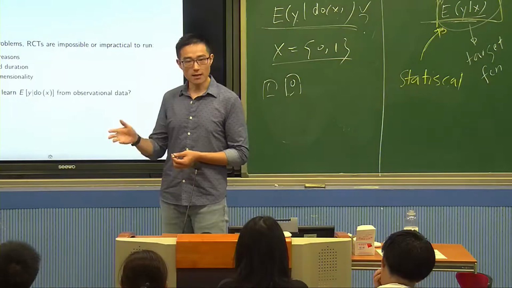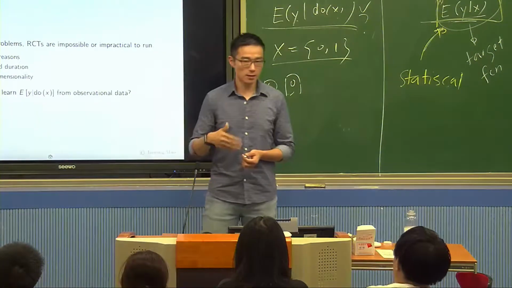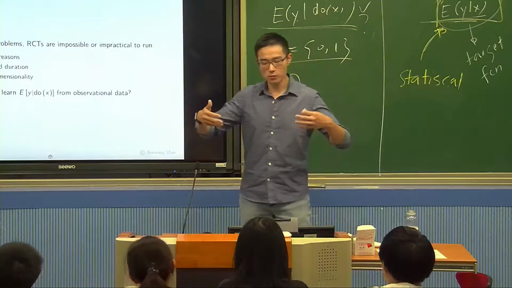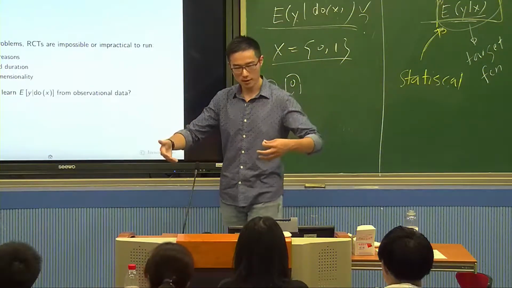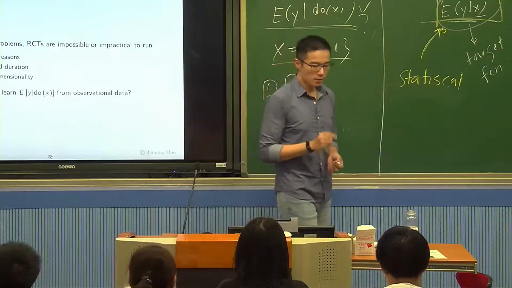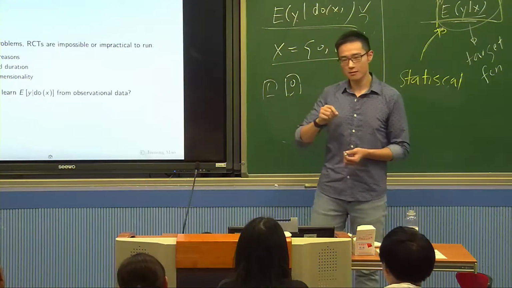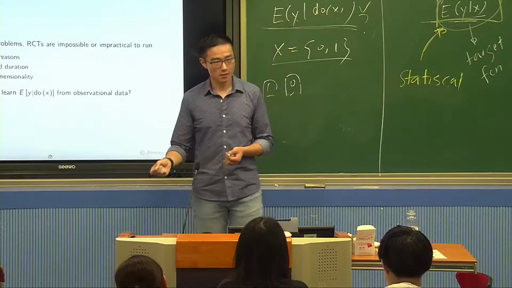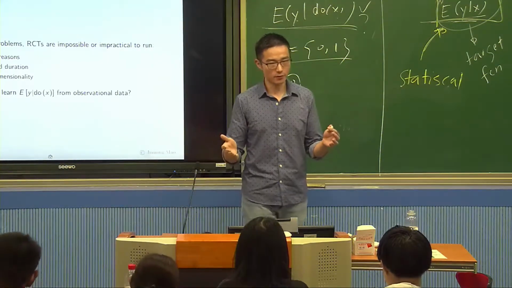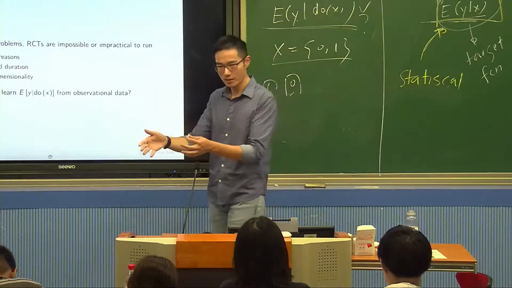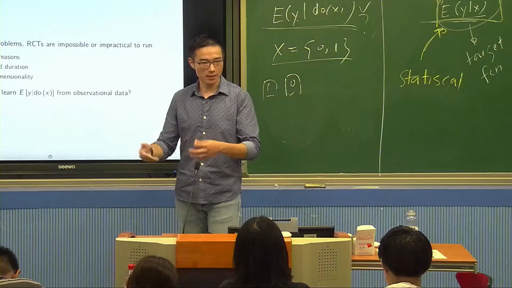Now, for that, I could do experiments, and indeed that's what people do. People do field experiments, lab experiments, where they give people these different treatments and observe the outcome. The problem is, oftentimes the results of these experiments do not universally apply. Why? Because people are so different. I could do an experiment on all of you, give some of you this treatment and some of you that treatment, observe the outcome, and write a paper out of it.